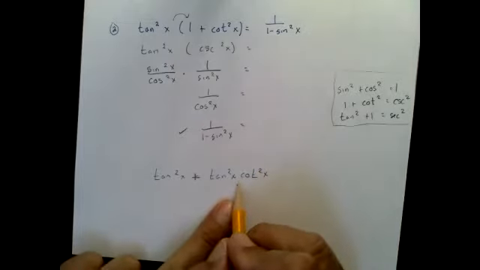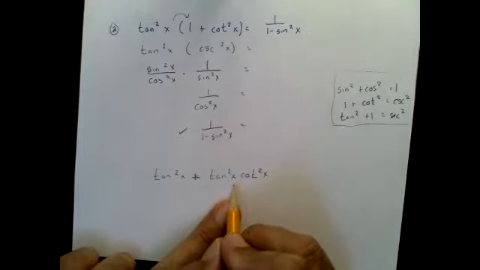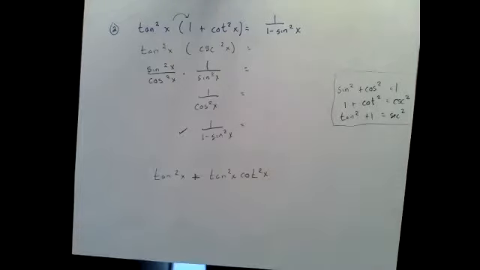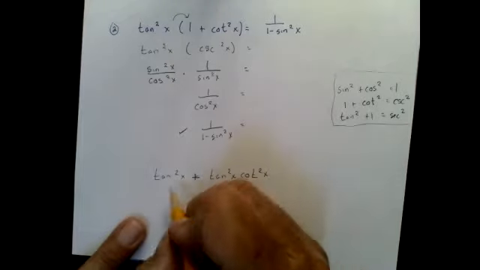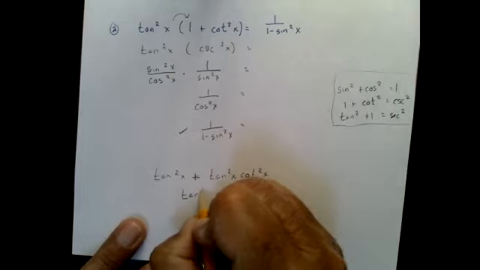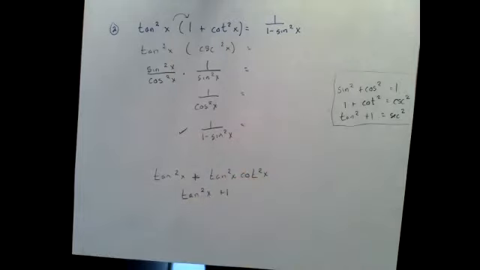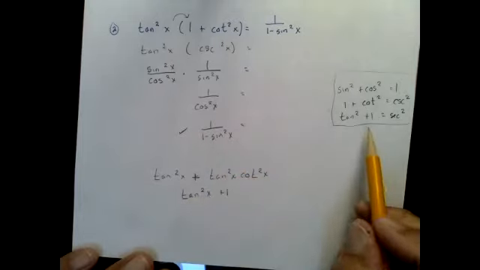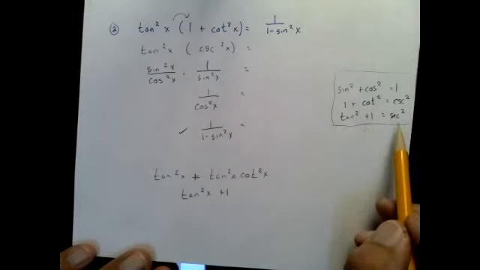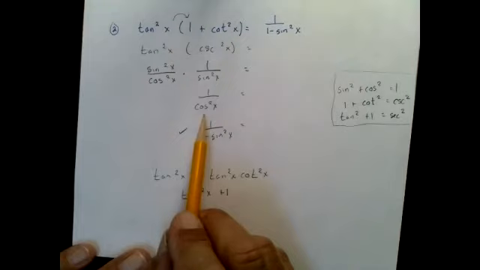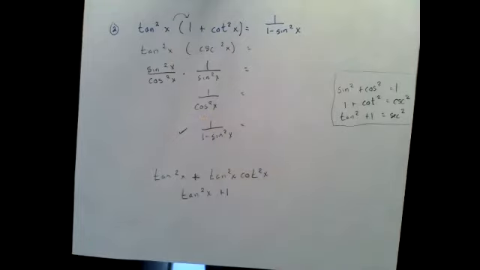So this right here would become 1. Yep. So now I would have tangent squared of x plus 1. And if I come over here, I'm going, wait a minute, that equals the secant squared. And the secant squared is 1 over the cosine squared. So it would just be another direction to solve this identity.